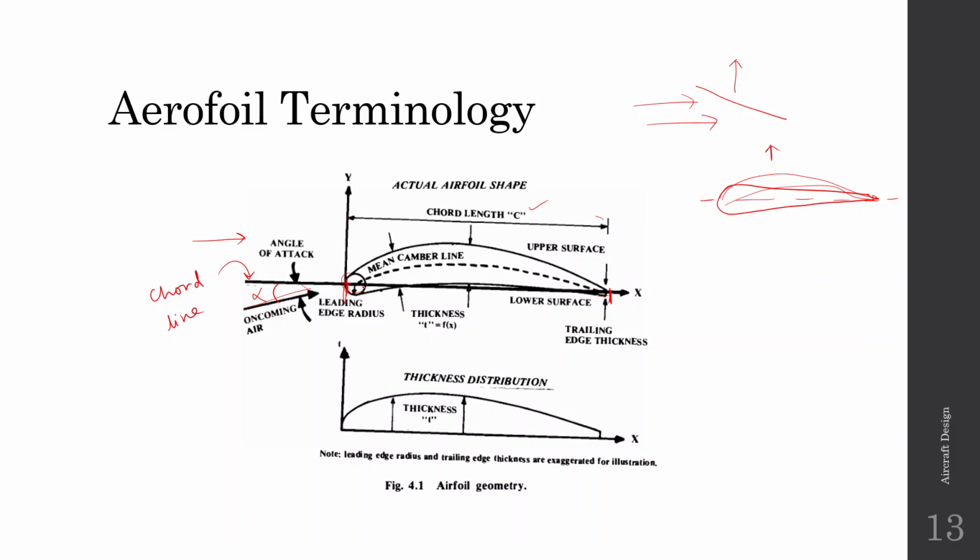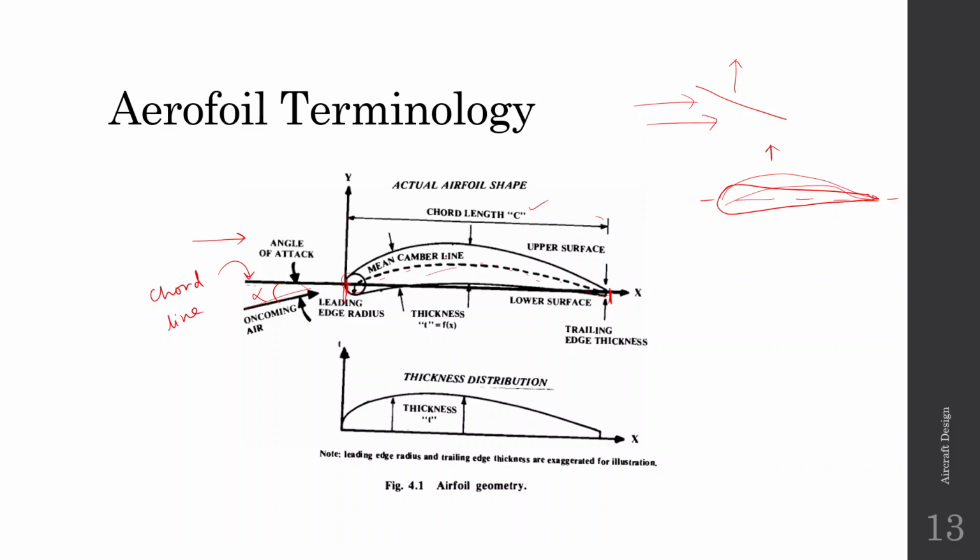When it is cambered, there is a line called the camber line. This line is the mean of the upper surface and the lower surface.